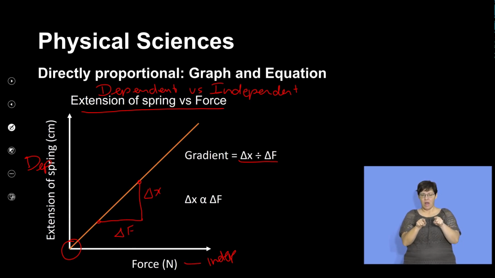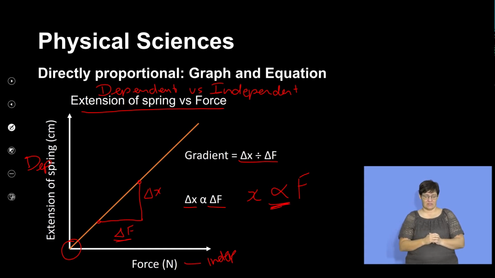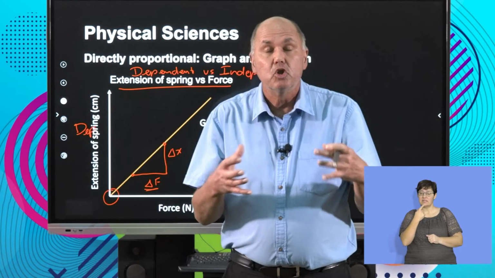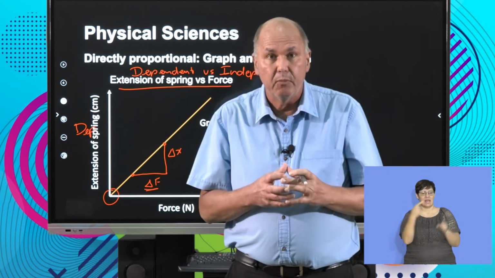In the end, we're going to take the value for the dependent variable and divide it by the value for the independent variable. And because of the graph structure, we've got the change in x is directly proportional to the change in F, or simply x is directly proportional to F. This little alpha sign says in shorthand directly proportional.